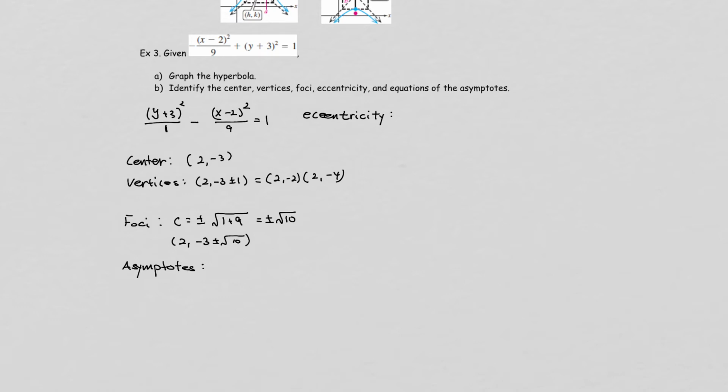And your asymptote will be y − k = ± (a/b)(x − h) when you have a center that's not 0. So your k is going to be −3, a is 1, b is 3, your h is going to be 2.